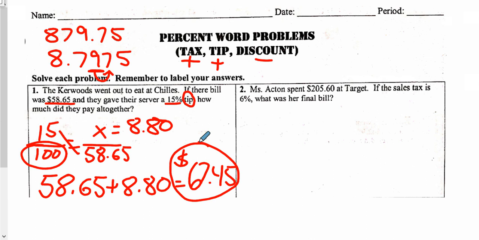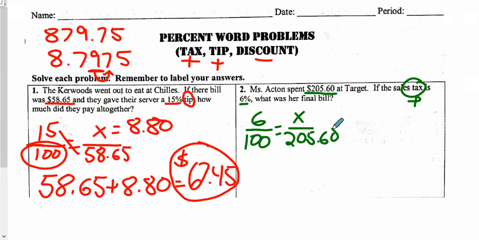So for our next one, Miss Acton spent $205.60 at Target. Sales tax added is 6%. What is her final bill? So we have our 6 over 100. That's our percentage. Equals our piece, which we're looking for, over 205.60.